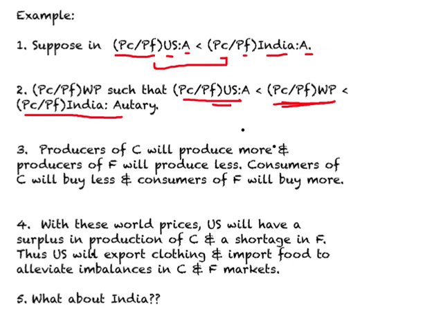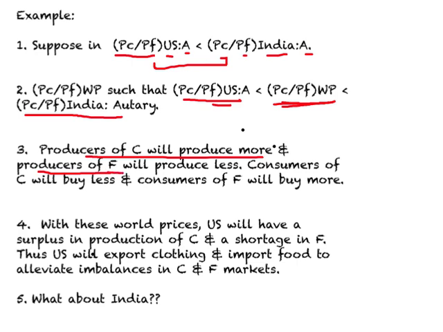And when the relative price of clothing increases from the US perspective, producers of clothing will produce more. Why? You should remember the basic rule: producers produce more when the relative price of their product goes up. And what will happen to producers of food? When the relative price of clothing goes up, that means the relative price of food must have gone down.